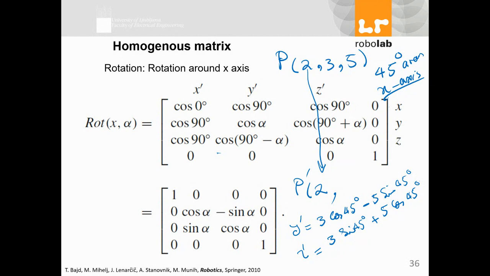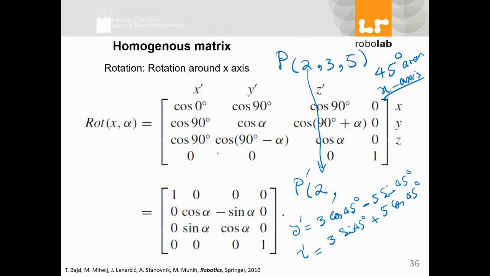Oh, X is 3, but X doesn't change. Why did you change X? X is 2. Yeah. 3 cosine of 45, negative 5 sine of 45. Yeah, that's all right. Can you please do the calculation for this?